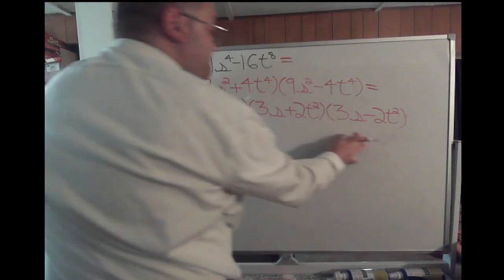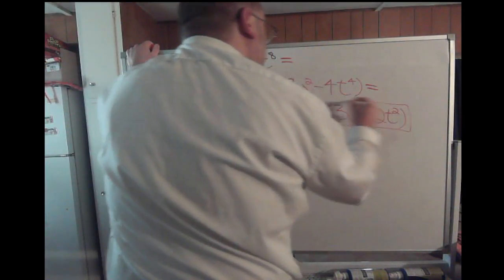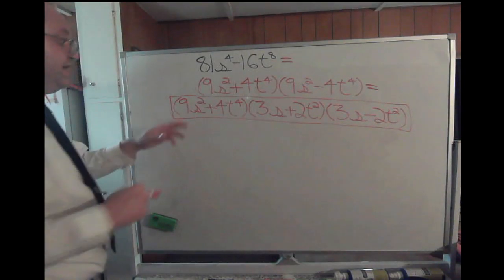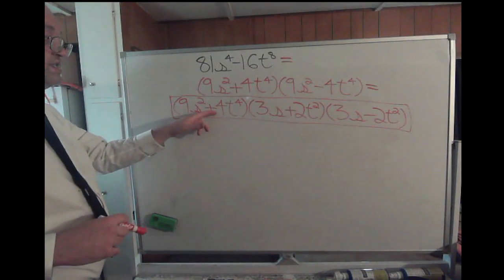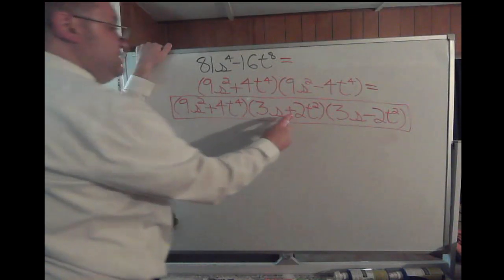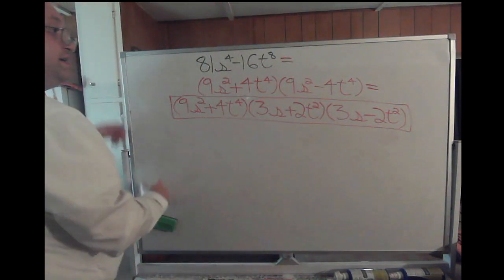And none of these factor any further. So the factorization you should get for this problem is the quantity of 9s to the second plus 4t to the fourth times the quantity of 3s plus 2t to the second times the quantity of 3s minus 2t to the second.